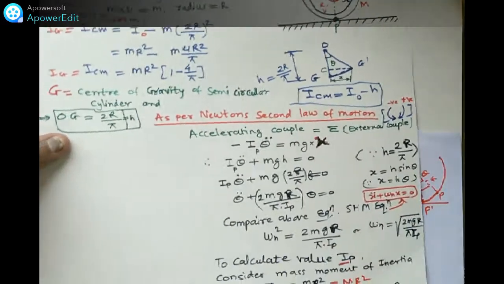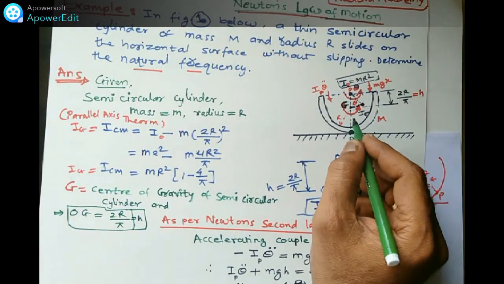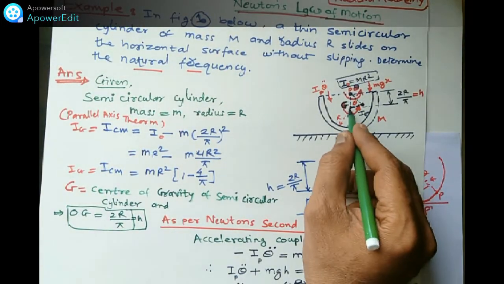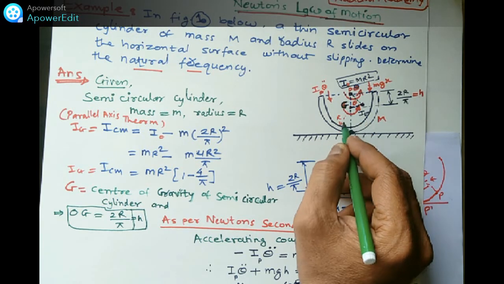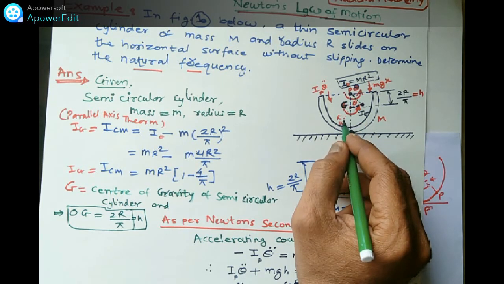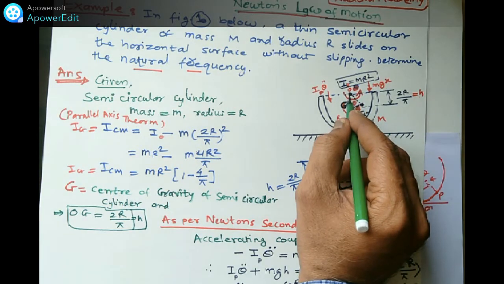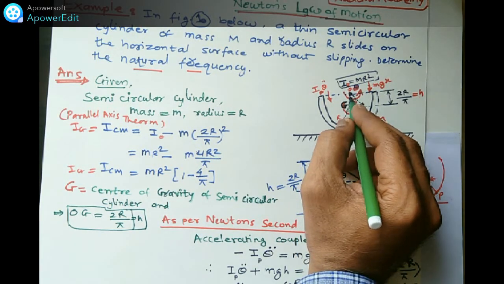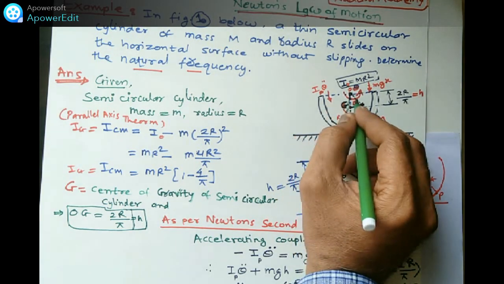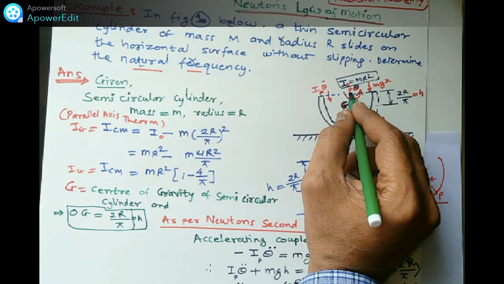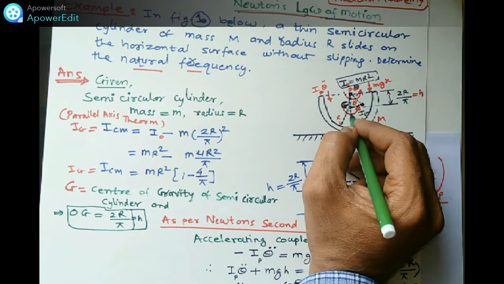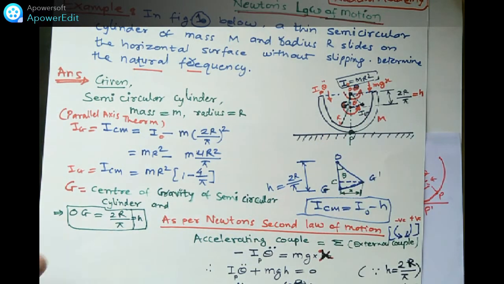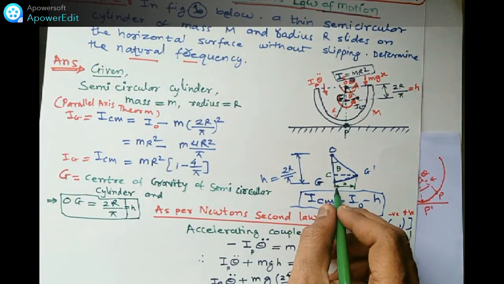This value of PG is what we have to find out. How can we find it? This distance R is from the center, and we know this vertical distance. Here I will show you.